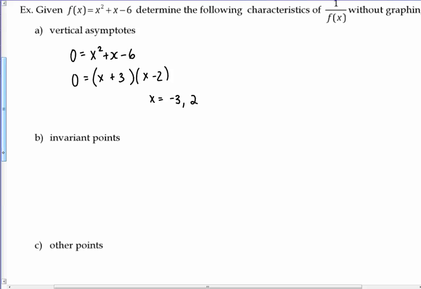Okay, invariant points. For invariant points, algebraically, without a graphing calculator, we're setting y2 equal to 1 and y equal to negative 1. So 1 is equal to x squared plus x minus 6. Let's start there.